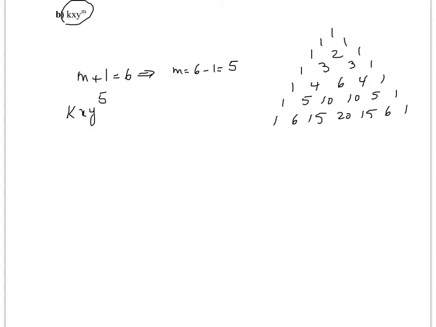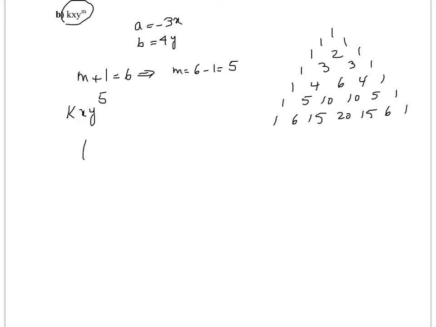To have kxy^5, this means that b has to have exponent 5. And remember that in our expansion, a was -3x, b was 4y. So this means that I have to find k for the following expression.